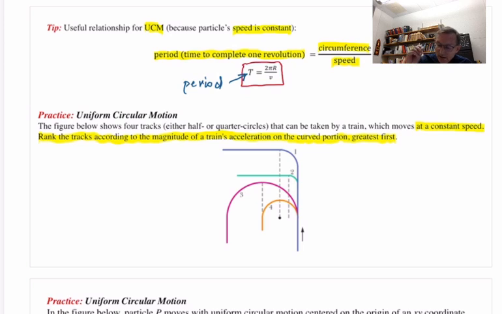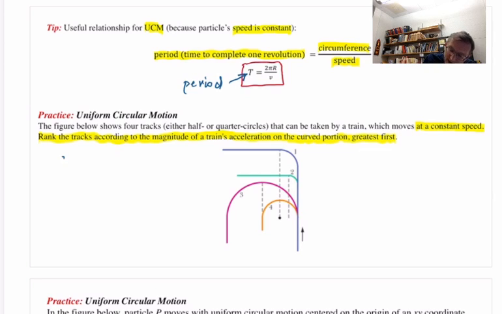Okay, welcome back. First, did you go in your brain to the formula for acceleration magnitude for uniform circular motion? Because that's what it's asking us to rank. So this is the formula. Acceleration magnitude, A arrow magnitude, is V arrow magnitude squared over radius. Now that's my careful way of writing it. I might as well just erase that right now and show you the shortcut way of writing it, since that's the way most physicists would write it.